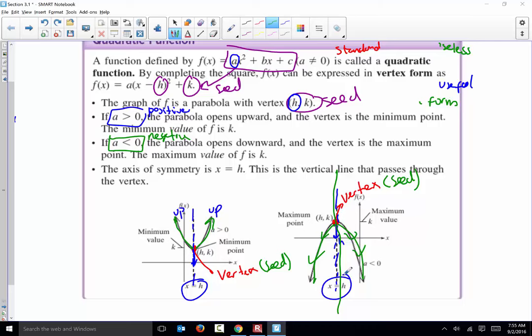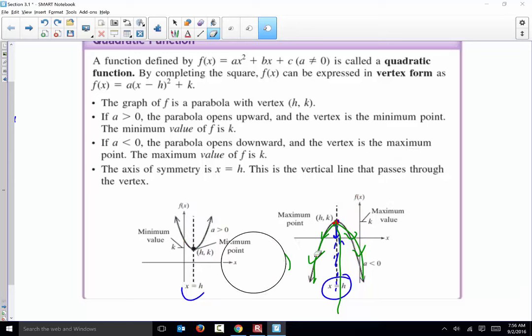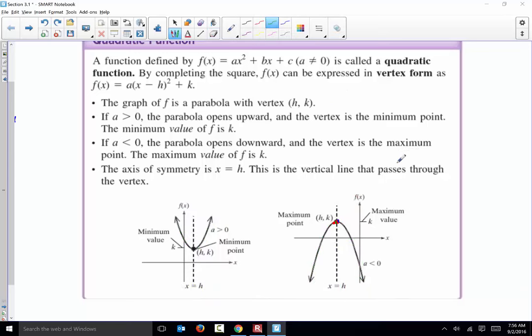Okay? Alright, just take a moment to digest all this information, because I have covered so much new stuff. And let me know if you have any questions. Again, standard, useless form, into vertex, we need to make the change. And that's a good, solid procedure I'm going to show you.